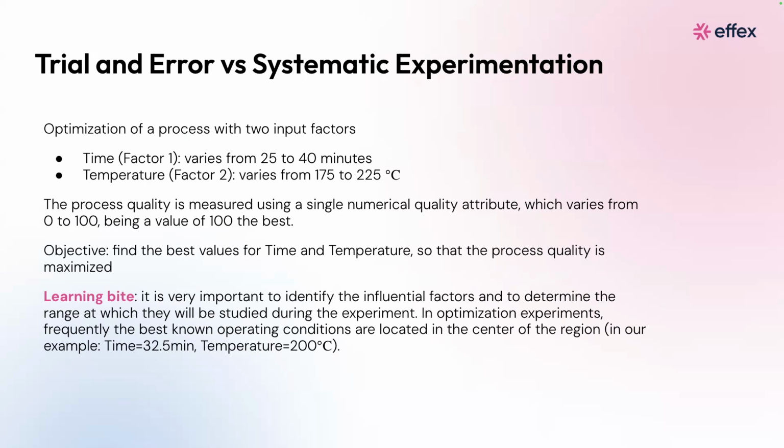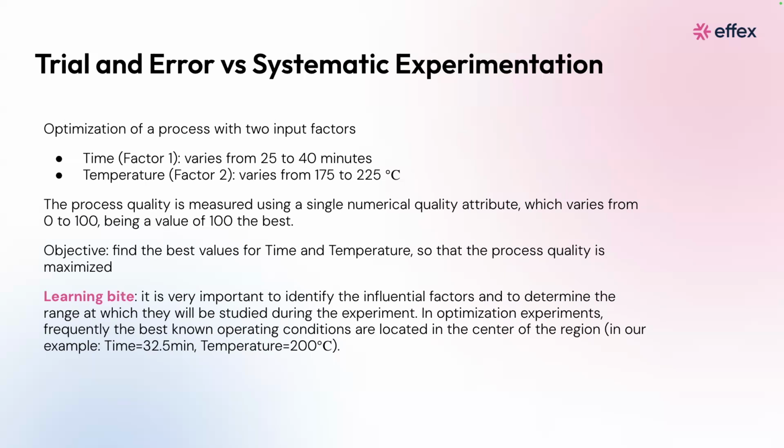So just a learning bite here. When you are about to study a problem where you have some inputs and some outputs, it is very crucial to identify the influential factors, but also set the range that you are going to study those factors.